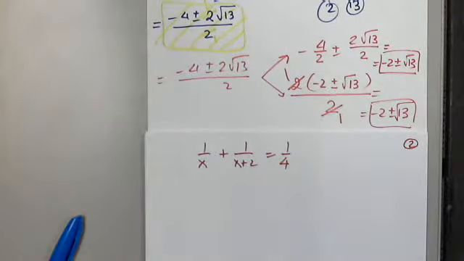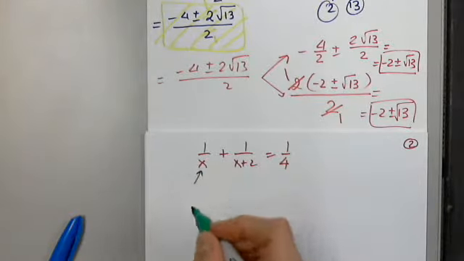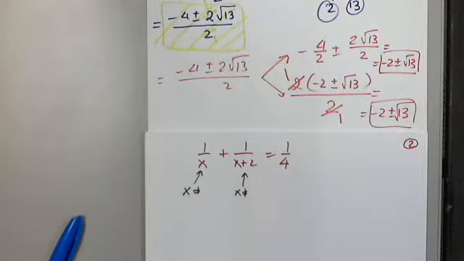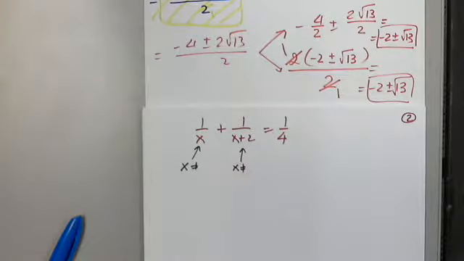Okay, what do I have to start with? Very good questions. Thank you. What do I have to start with? I have to state that x is not equal to 0, and x is not equal to -2, and then I have to move 1/4 to the other side. I'm not forcing you to use my method, but I have to use the method I presented already.